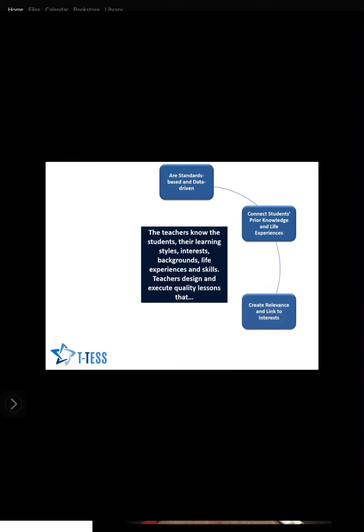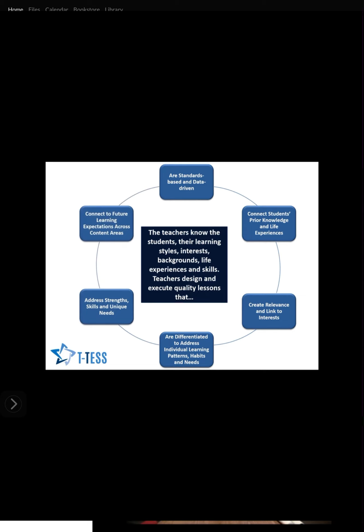Teachers design and execute quality lessons that are standards-based and data-driven, connect students' prior knowledge and life experiences, create relevance and link to interests, are differentiated to address individual learning patterns, habits, and needs, address strengths, skills, and unique needs, and connect to future learning expectations across content areas.